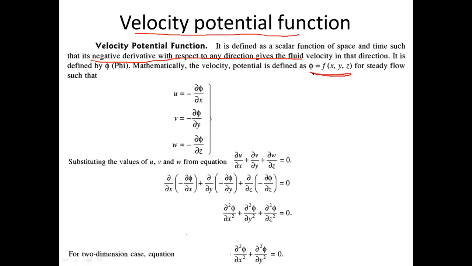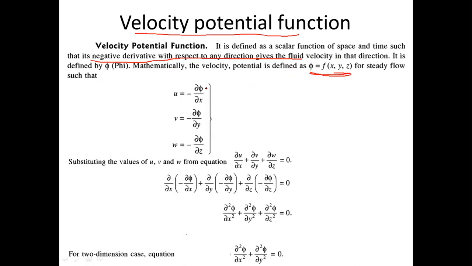Let's say phi is denoted as the velocity potential function. This function is a function of what variables? Position variables x, y, z. So if you take the negative derivative of phi in any direction, let's say with respect to x, y, or z, you will get the velocity in that direction.